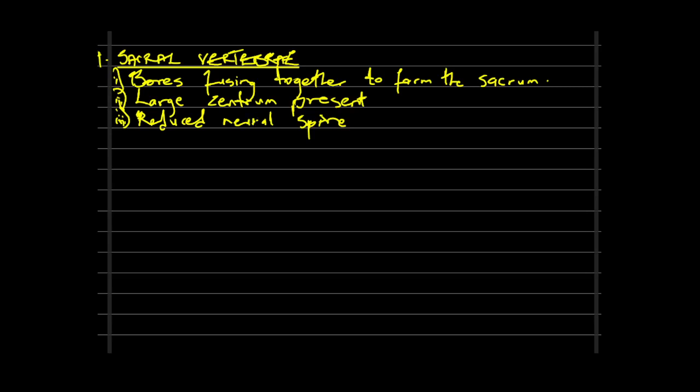And then the neural canal is very narrow. 4, narrow neural canal. So these are the characteristics of the sacral vertebrae.